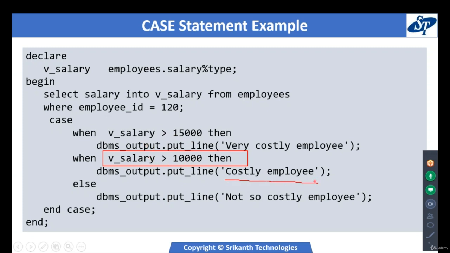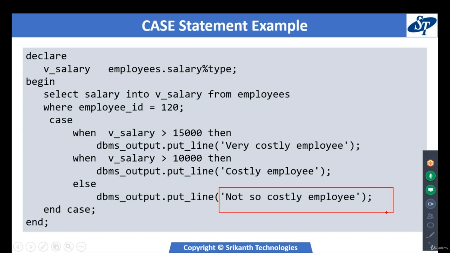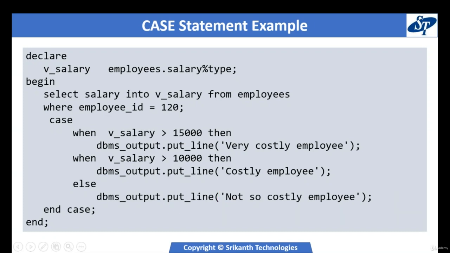Then I display message costly employee. And if the salary is not even greater than 10,000, then we display the message saying not so costly employee. So this is how we can take salary of an employee and try to classify employee as very costly, costly, not so costly. So we are using case statement in this context.